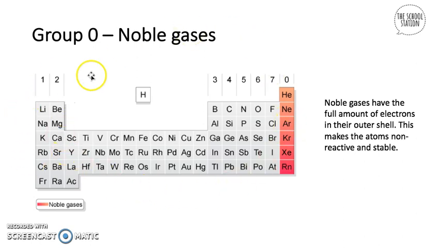However, all the other elements in the periodic table do not have a stable arrangement of electrons, because they always have some electrons left over. For example, in group 3, you will see that they always have 3 electrons in the outer shell, and they still have some space for more electrons to be filled in.